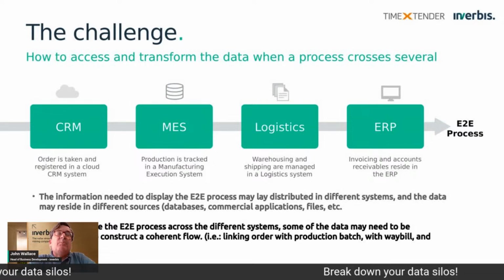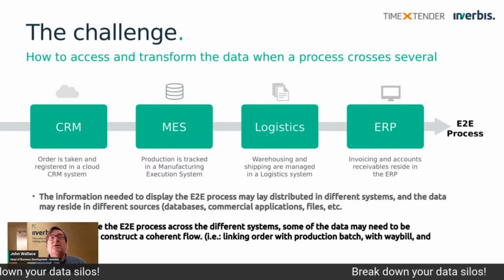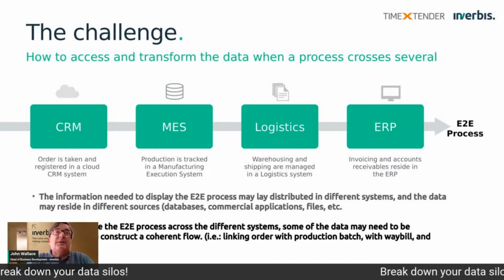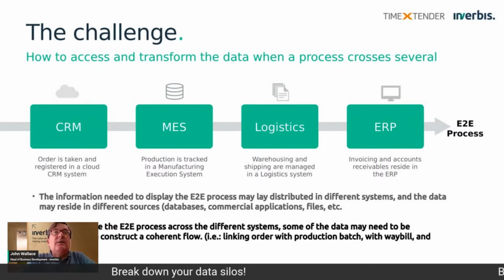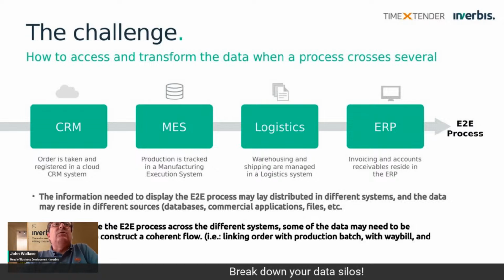But if the process starts, for example, in a CRM with the order, and then it goes through a manufacturing execution system for the production of the goods, and then it goes through a logistics system that manages warehousing and shipping, and finally into the ERP where invoicing is done, then it becomes a real challenge to understand where the information is stored in all these different systems, and how to put it together to construct this coherent view of the end-to-end process.